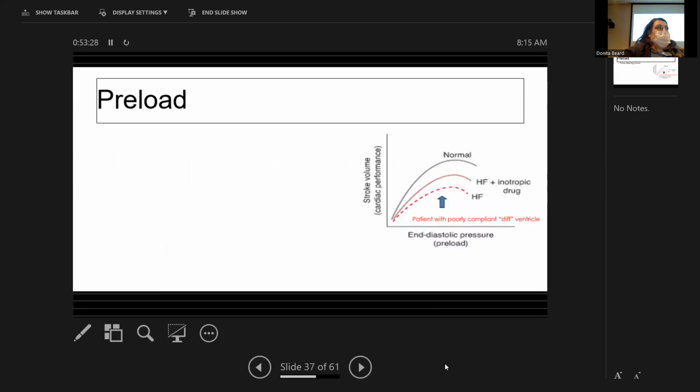So this is that Frank Starling curve. On the x-axis, you basically see preload. As you go to the right, that means you have more and more end-diastolic pressure, more and more preload. And on the y-axis is stroke volume, which is a measure of cardiac performance.